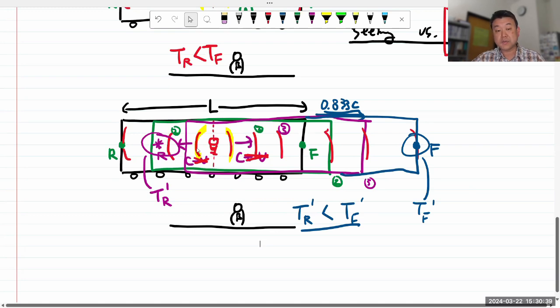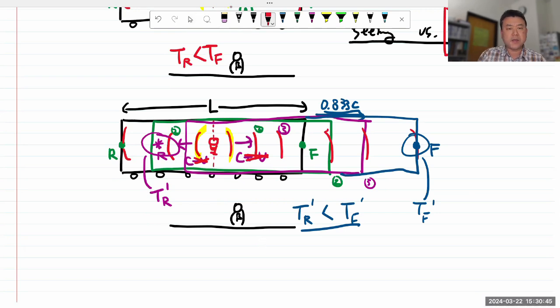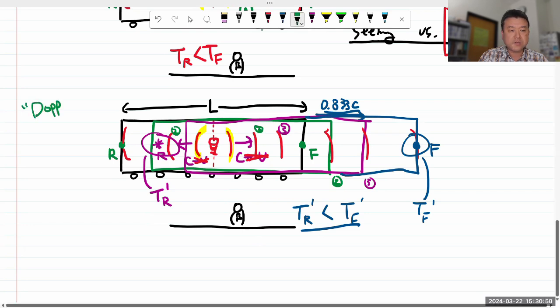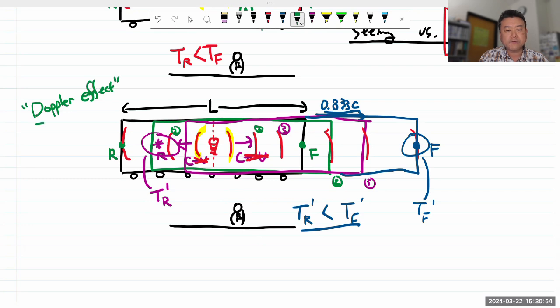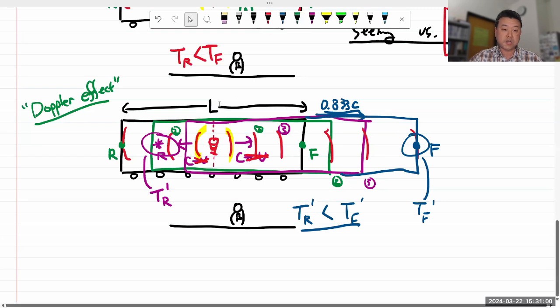It's also moving at c. Now, they are different in other ways: they'll be different in frequency. That's what will lead to something called the Doppler effect that we'll look at maybe next week or the week after. Their frequency and wavelength can change, but what doesn't change is their speed.